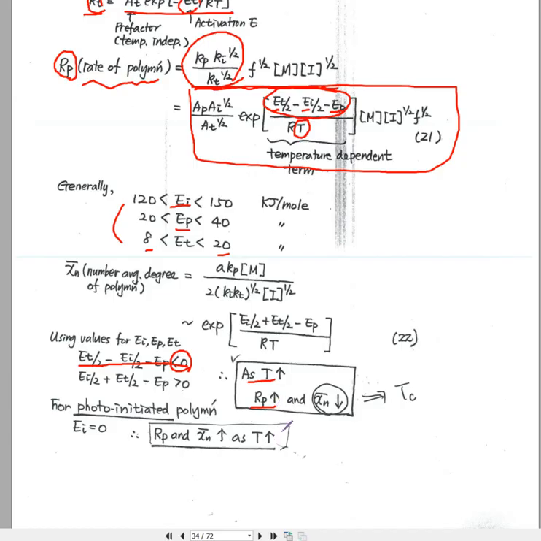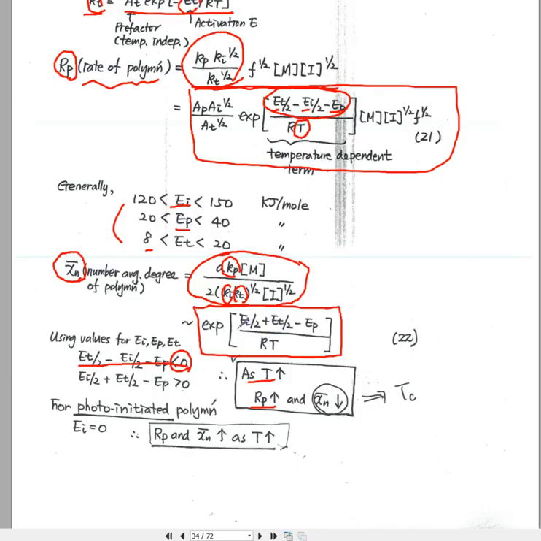Similarly, if you remember the degree of polymerization or the kinetic chain length for the free radical polymerization, you follow this equation, right? And if you put the Arrhenius equation into these three rate constants, then you basically get this temperature dependence of number average degree of polymerization in free radical polymerization.